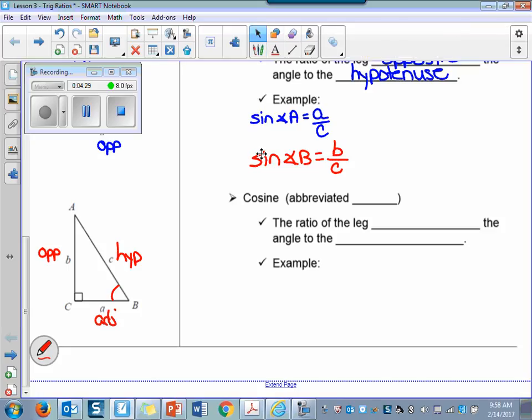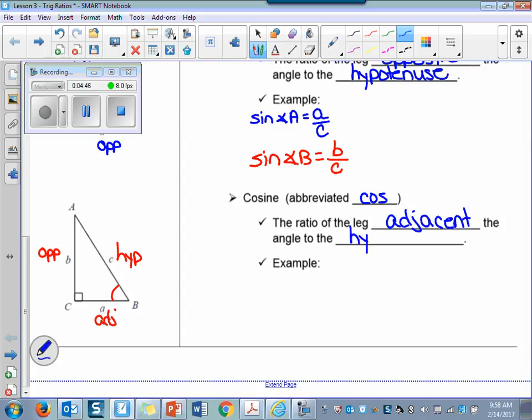So cosine is the second trig ratio. We abbreviate COS, and again, we don't say cos, we say cosine. Okay. It is the ratio of the leg adjacent to the angle over the hypotenuse. Okay.